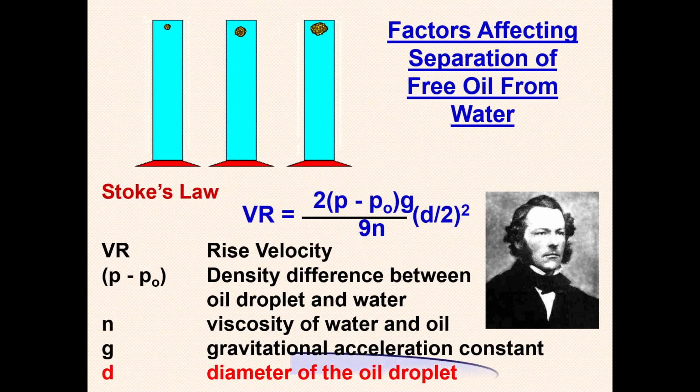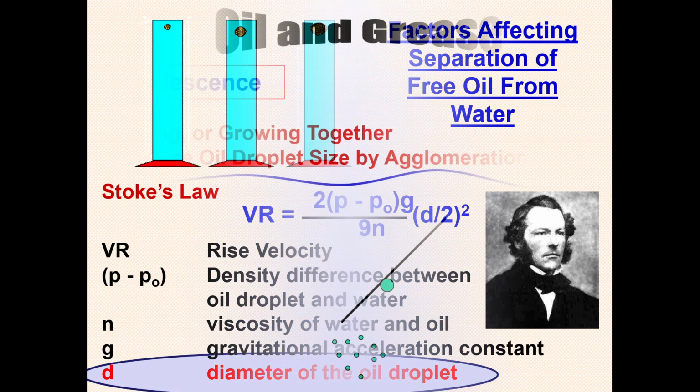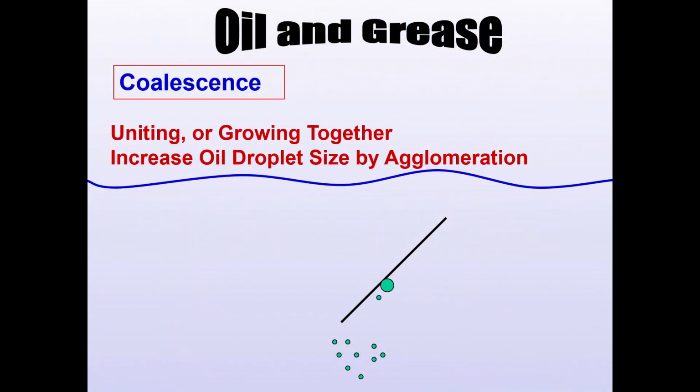So this is also a method to remove this. Next, coalescence. What is meant by coalescence? It is uniting or growing together, increasing the droplet size. Due to coagulation, the particle size will be increased, so it can be easily identified and easily removed.